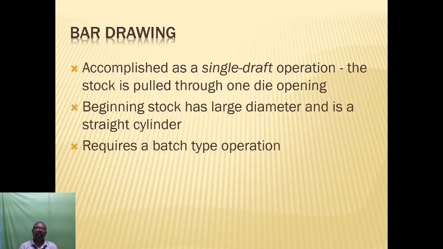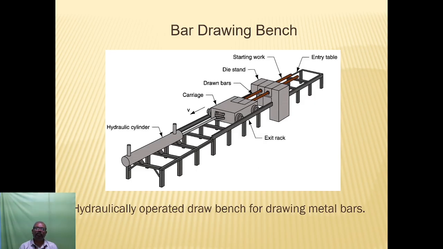Bar drawing is accomplished as a single draft operation. The stock is pulled through one die opening. Beginning stock has large diameter and is a straight cylinder. It requires a batch type of operation. This figure shows a hydraulically operated drawing bench for drawing metal parts. Here this is the starting work.